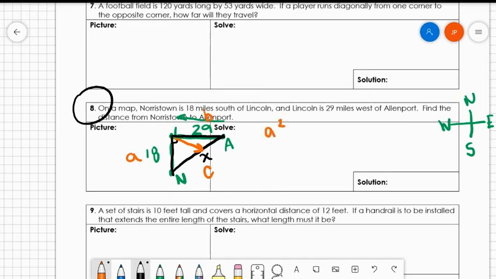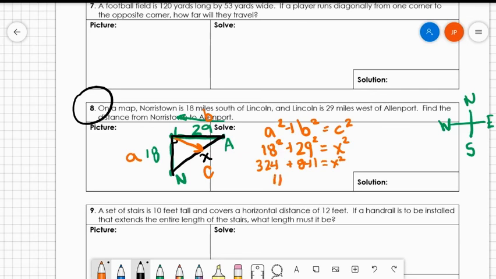So I'll say, okay, a squared plus b squared equals c squared. a is 18. b is 29. And c is x. I'll throw that math together over here. This is going to be 324 plus 841 equals x squared.